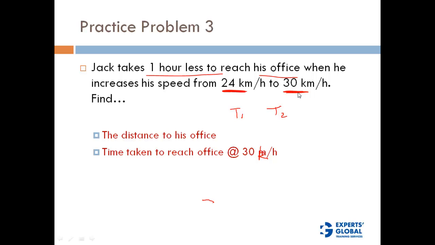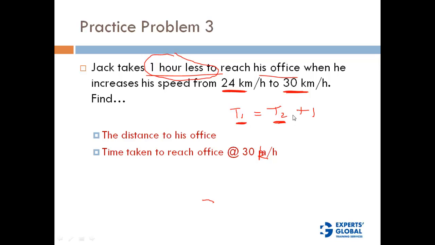With 30 kilometers per hour he is going to take a shorter time. So T2 is going to be shorter, and the difference between T1 and T2 is 1 hour. So the equation becomes time taken to travel at 24 km per hour is time taken to travel at 30 km per hour plus 1 hour, and T1 and T2 both are in hours, right?